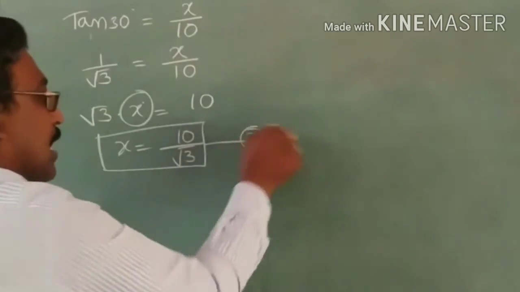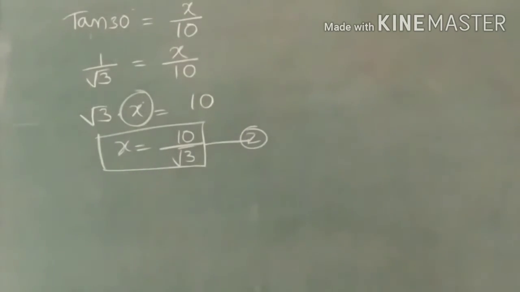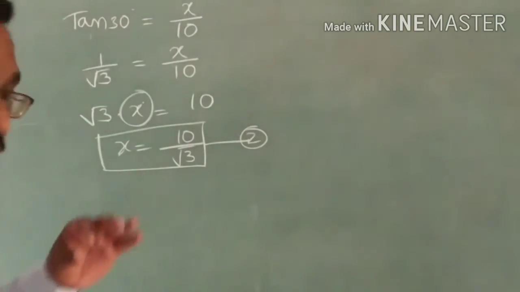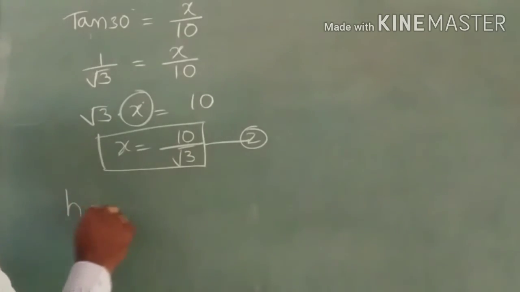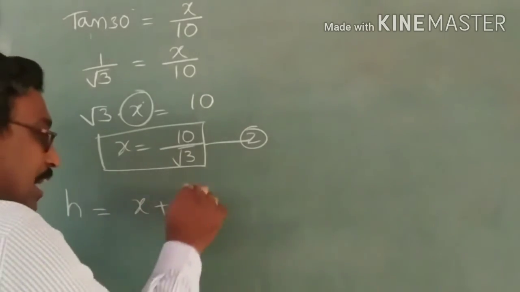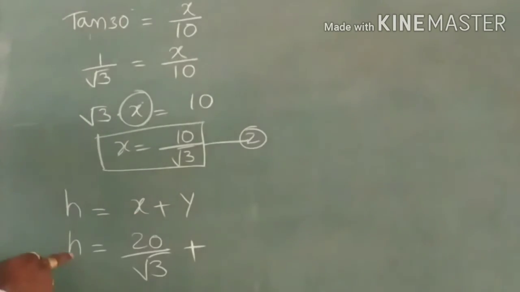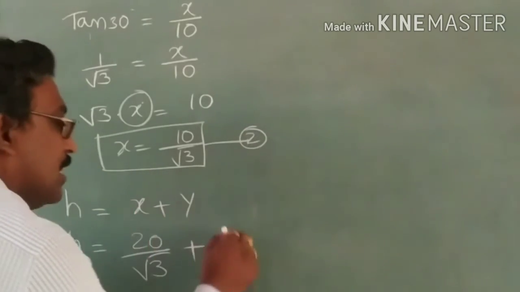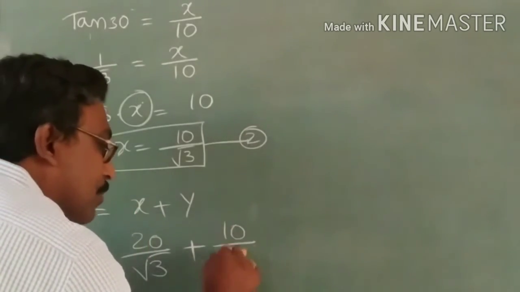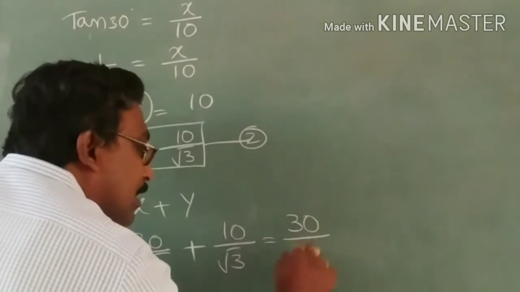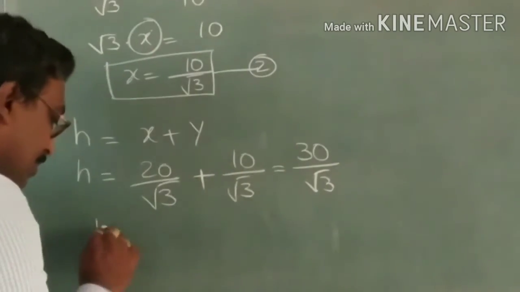This is the second equation. But we need to find out the value of h. H is nothing but x plus y, the height of the tree. So h is equal to 20 by root 3 plus 10 by root 3. That is nothing but 30 by root 3.